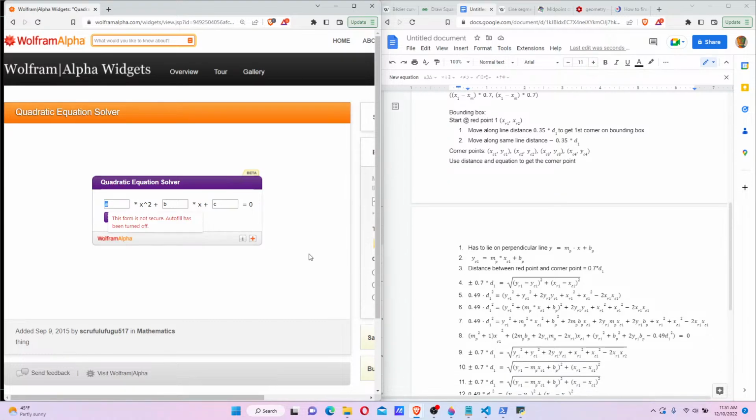Yeah, here's the form. So the a is m squared plus 1. B is this term right here.